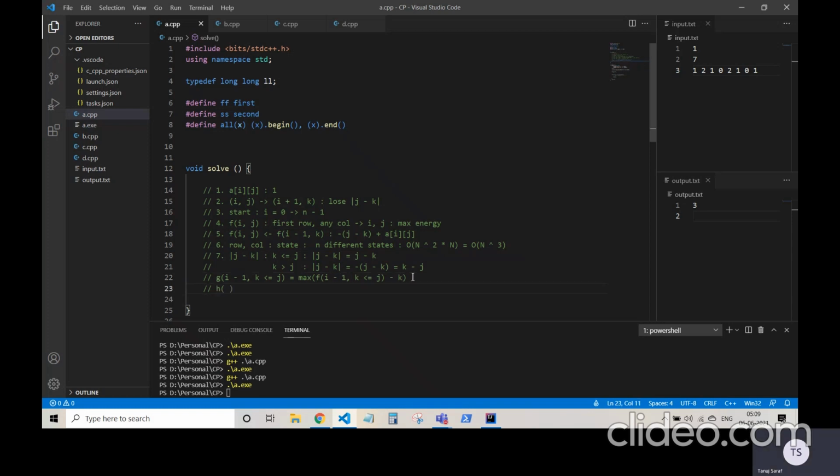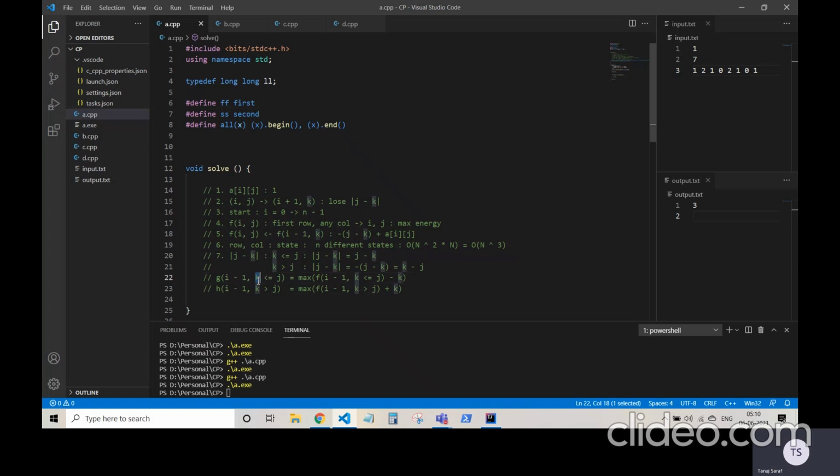We would need another function h of, let's say, i minus 1, where k is greater than j. It obviously goes till the maximum column, and it would store the maximum of f of i minus 1 comma k, where k is greater than j, plus k. So this particular part is accounted in the function h, and this particular part is accounted in the function g. So if you think about it, what are we basically doing?